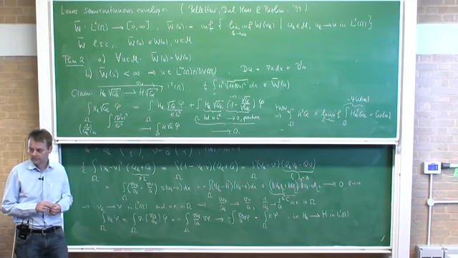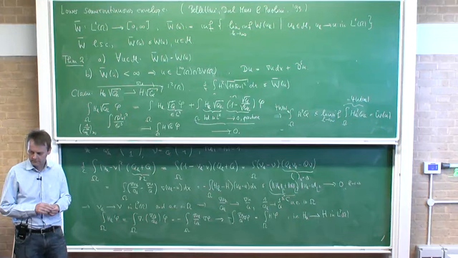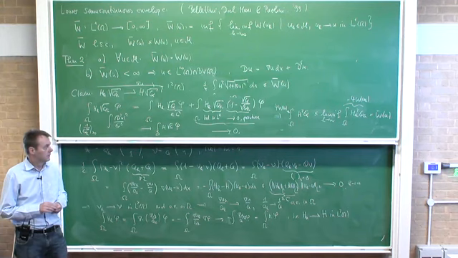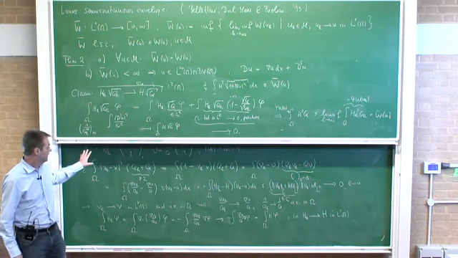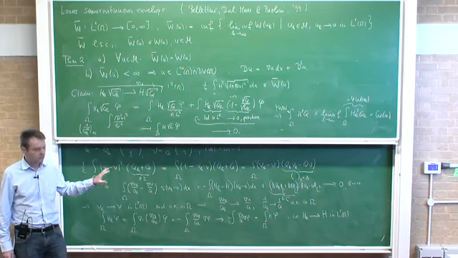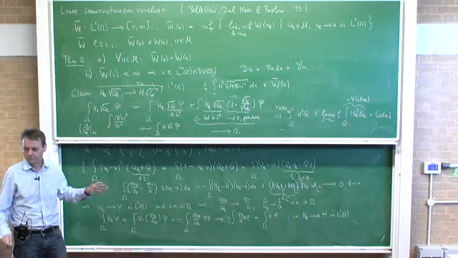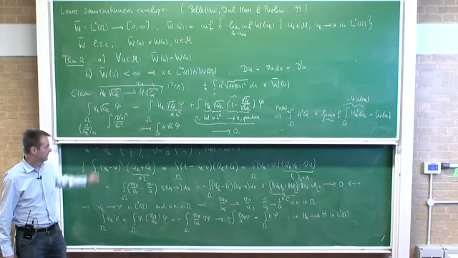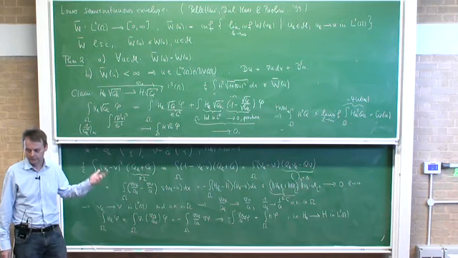Any more comments? What about something more complicated? Suppose you had a non-simply connected domain. This would be an interesting problem to look at. I mean, we haven't made any assumption here of omega being simply connected. So that wouldn't be a problem if you accept that this is a reasonable solution.